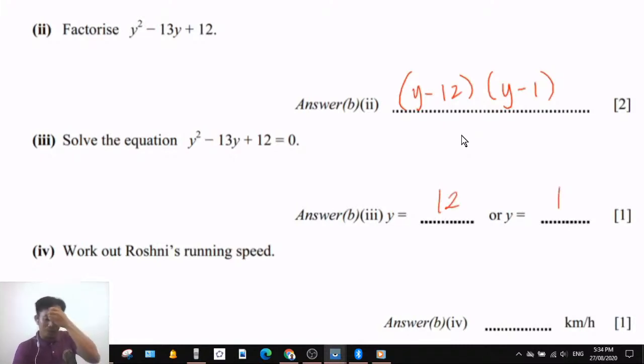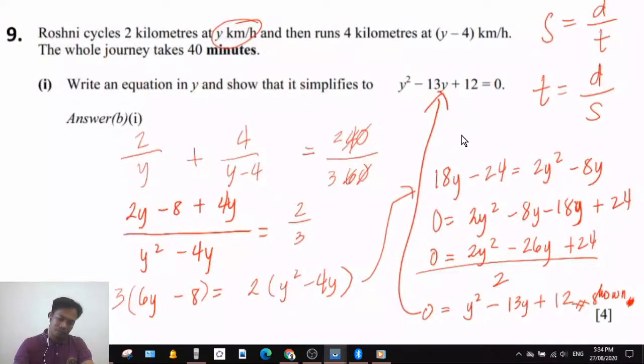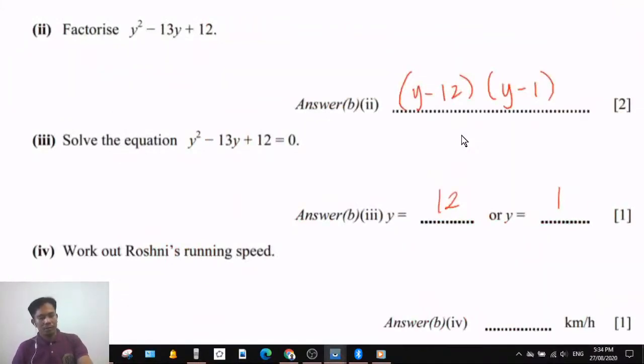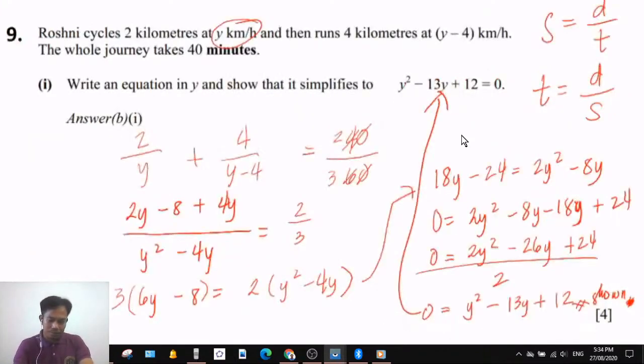Work out Rossini's running speed. Rossini's running speed will be determined by the value of y.